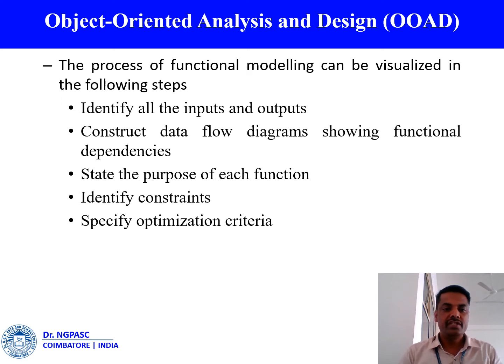The next is to state the purpose of each function. The next is to identify exact constraints. The final one is to verify the optimization criteria. These are the steps of functional modeling.